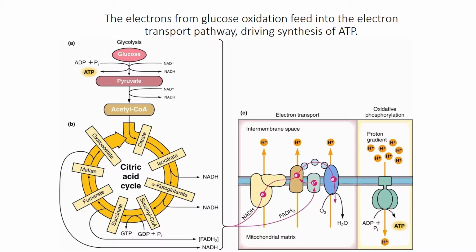During this transfer, protons are pumped across into the inner membrane space, and it's this proton gradient that accumulates on this side of the inner membrane that is then utilized to provide the power to drive that ATP synthesis.